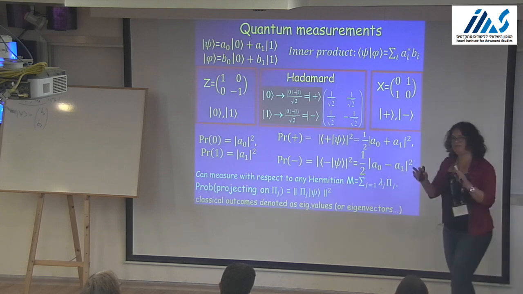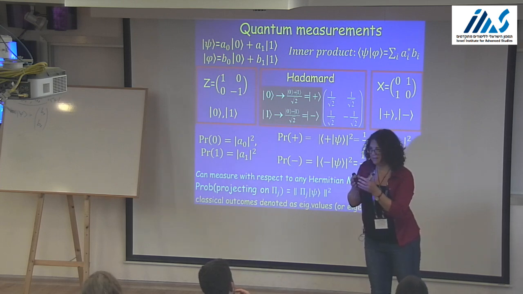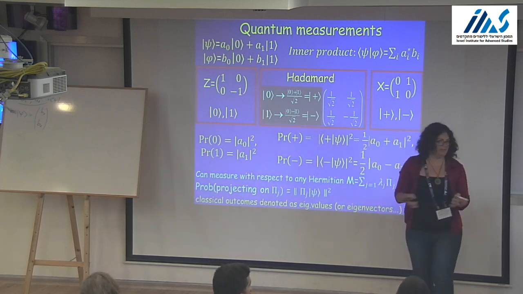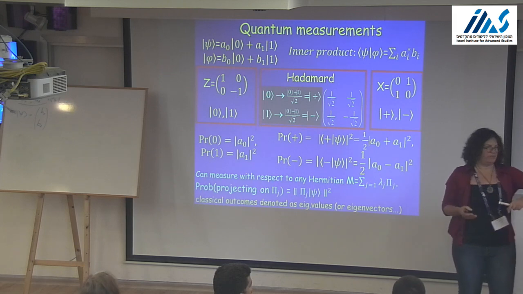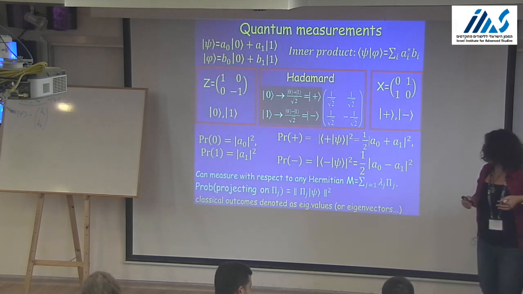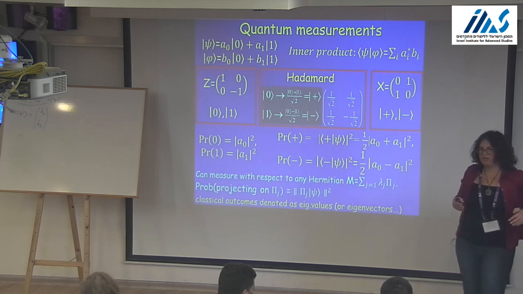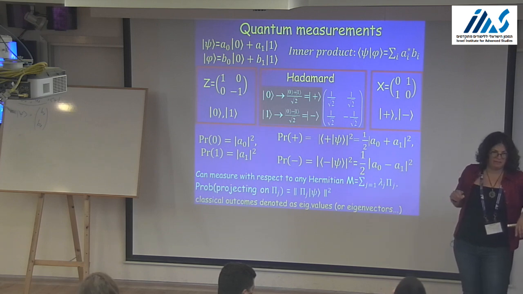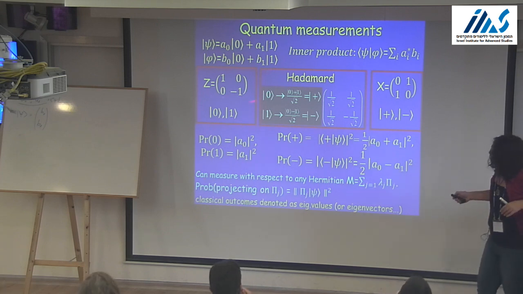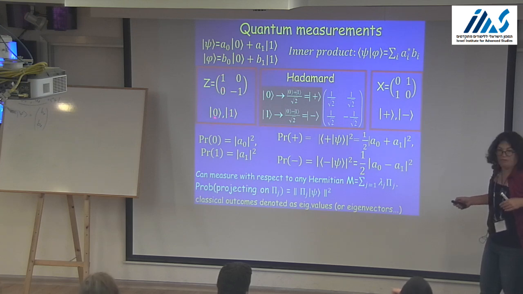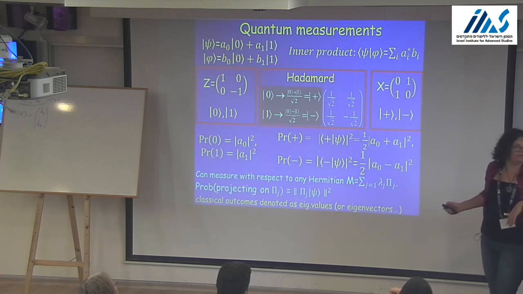Now, I want to just say out loud a confusion that is often confusing people that are not used to it. We often confuse classical outcomes being the eigenvalues and classical outcomes being the name of the space. So for example, in Z, when we measure, the classical outcome could be, I have been projected to the state 0, but the eigenvalue associated with 0 is what? 1.